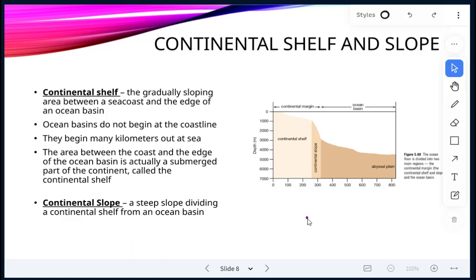It's called the continental shelf. Next, we see the continental slope. That's a steep slope that divides a continental shelf from an ocean basin. So the ocean basin starts here. Continental shelf and continental slope make up the continental margin.